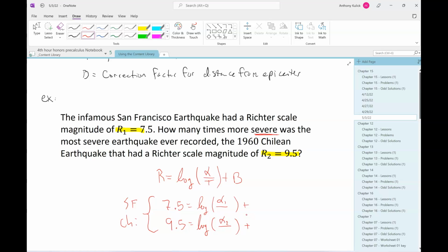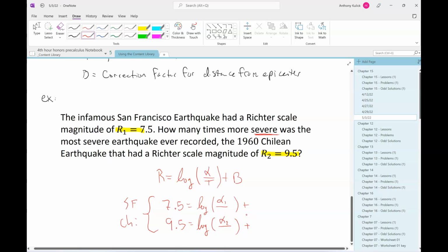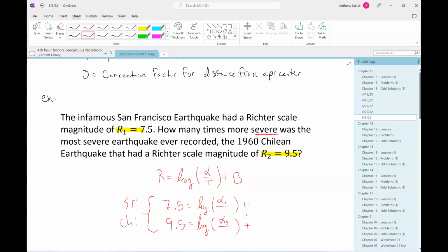All right. Now it seems like we still don't have a value for B or a value for T. So let's think about this for a moment. The Richter scale measurement for San Francisco is 7.5, and the 9.5 is a Richter scale measurement for Chile.